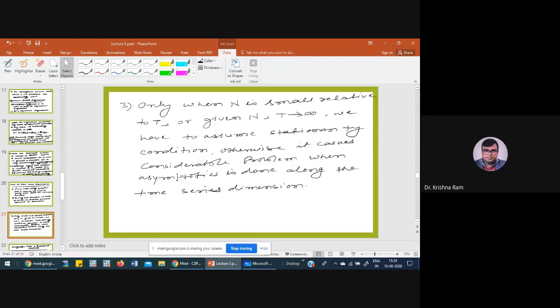Even when we deal with things asymptotically, if you are working with a large panel data set where n is small as compared to t, then when t tends to infinity you need to assume a stationarity condition. Otherwise, it causes a considerable problem.